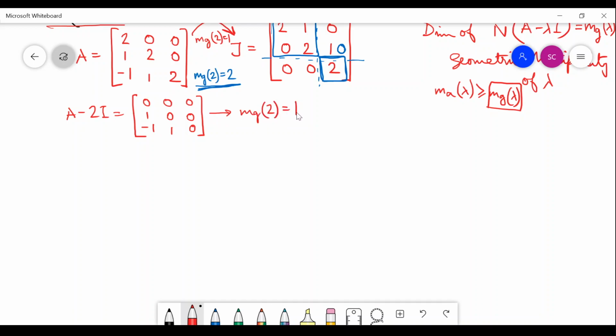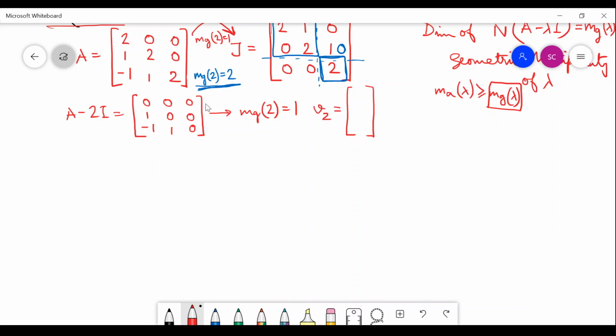your mg2 is basically 1. And what is that vector which spans the null space? What would be that vector?